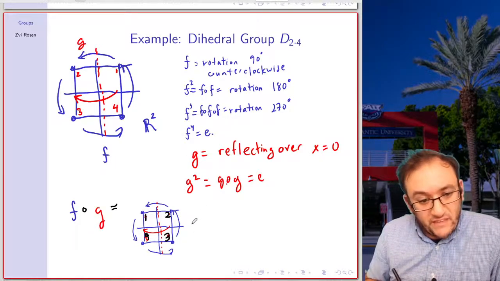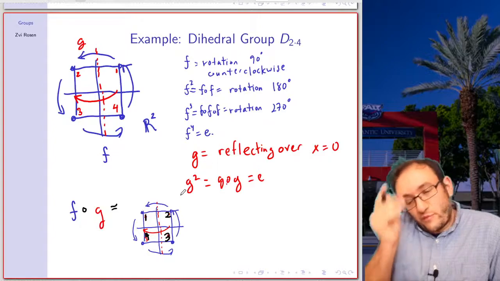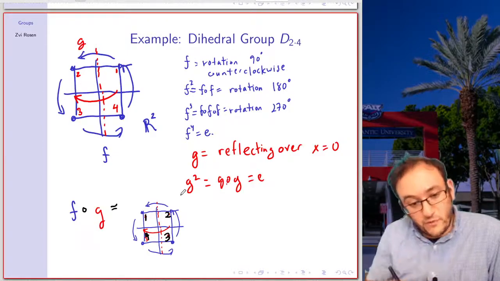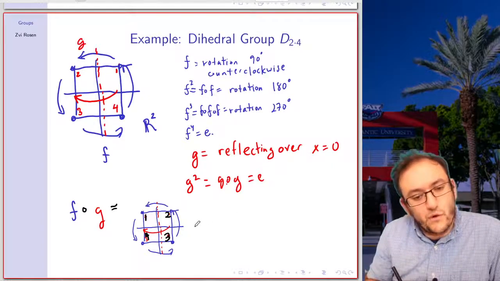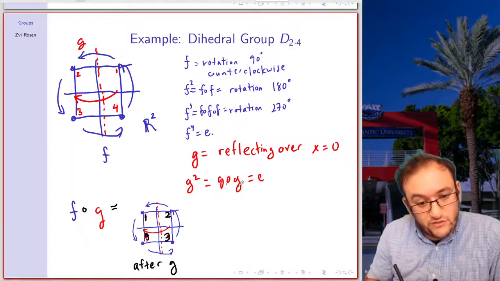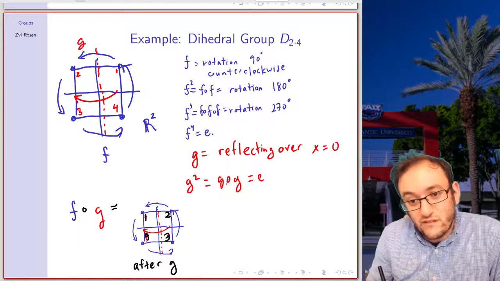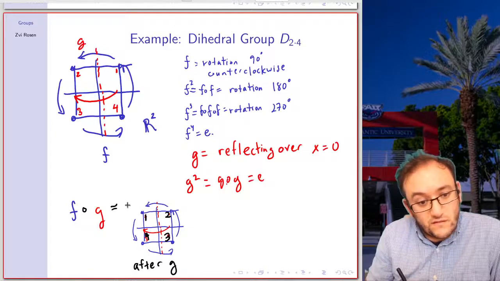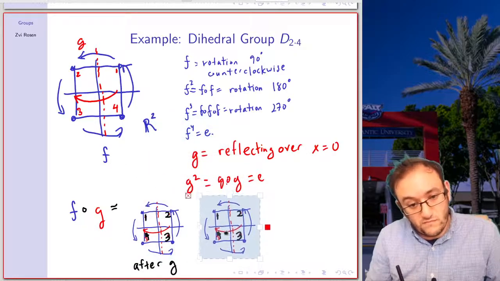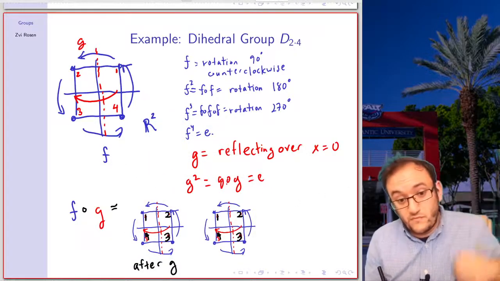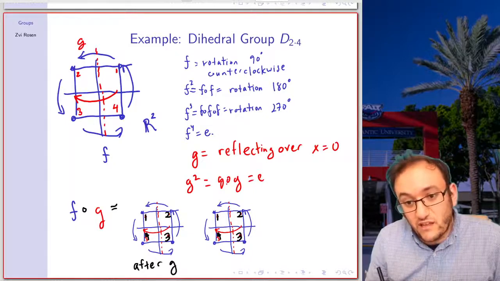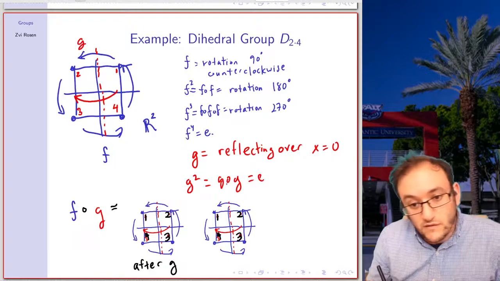And then if we do F after that, and remember, whenever we're composing maps, the rightmost is the one we do first, and then you move towards the leftmost. So this is after G, and now after F, we want to rotate everything counterclockwise once.